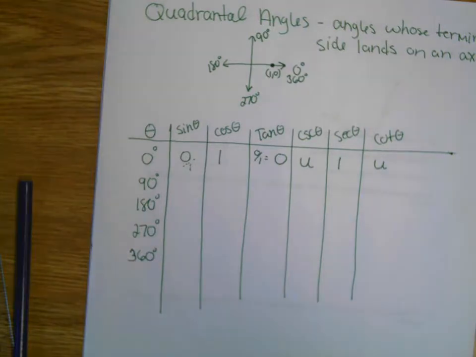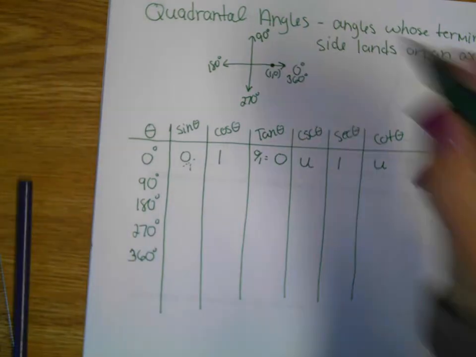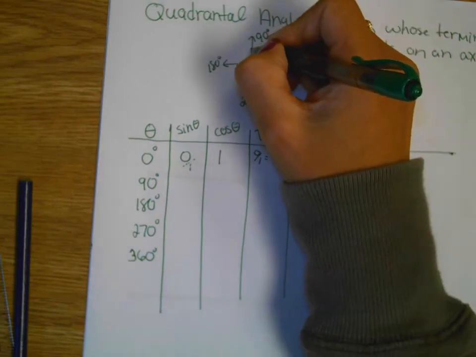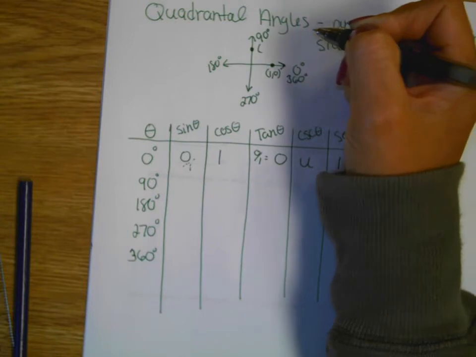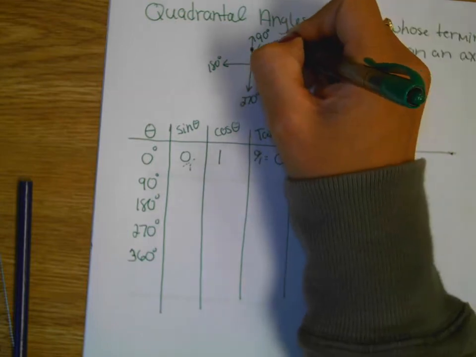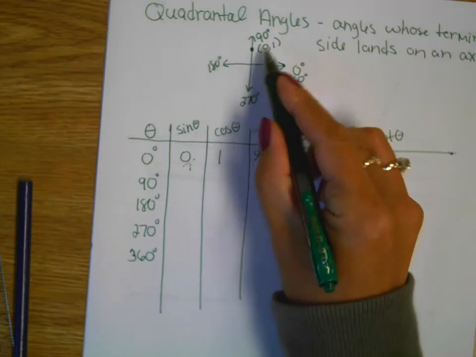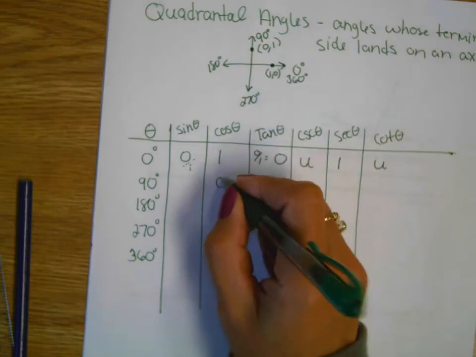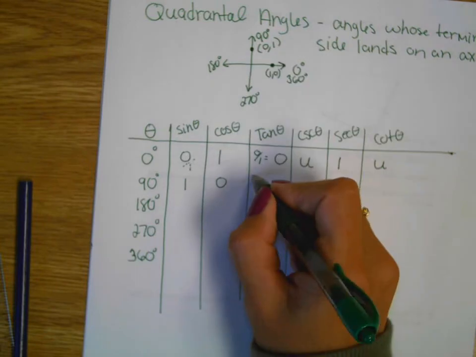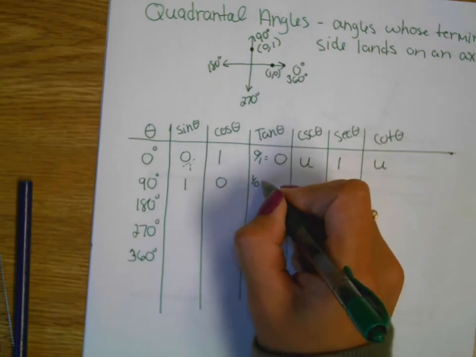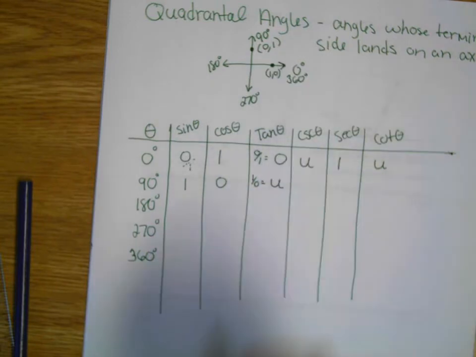Okay, let's go up to 90. Staying exactly 1 away, what is that ordered pair? 0, 1. Cosine, sine. Cosine 0. Sine is 1. Tangent's going to be y over x, or undefined.